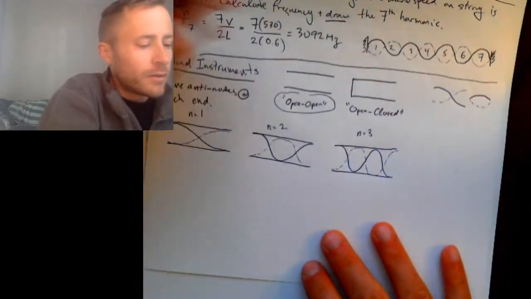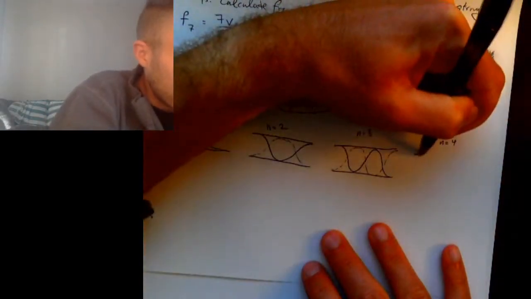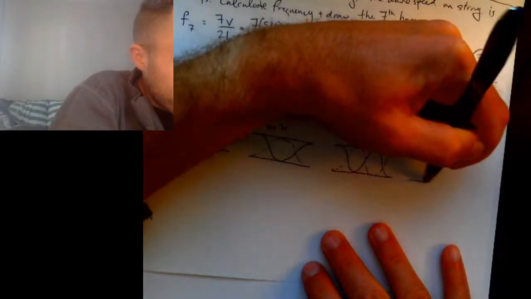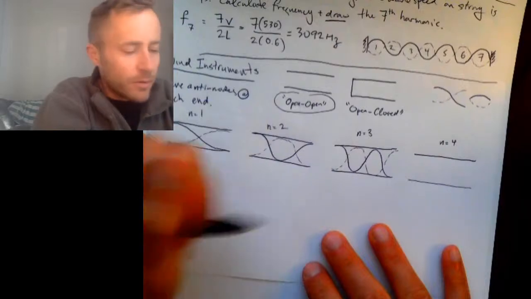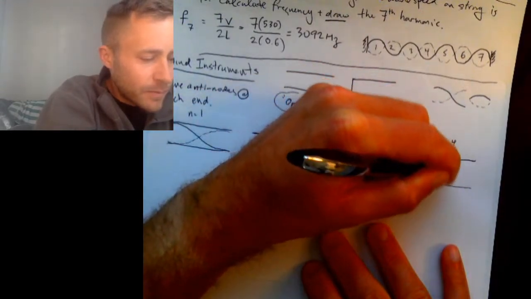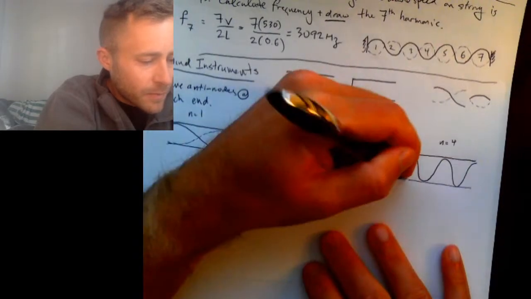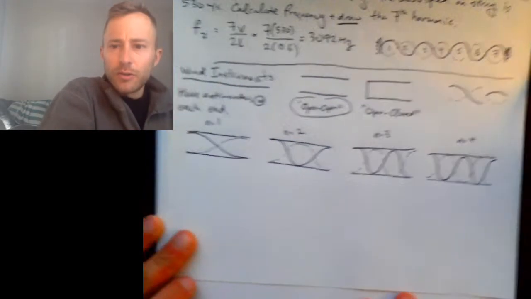And finally, I could draw more, but I'm going to stop after the fourth harmonic. That's going to again add a football in the middle. Boom. It looks like that.